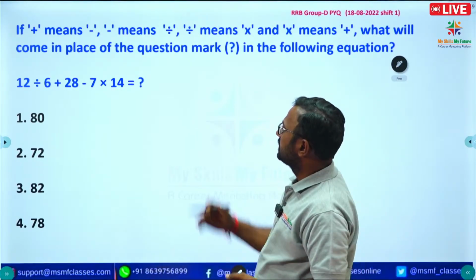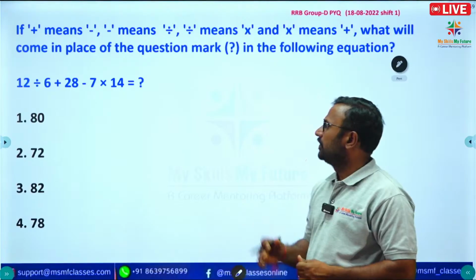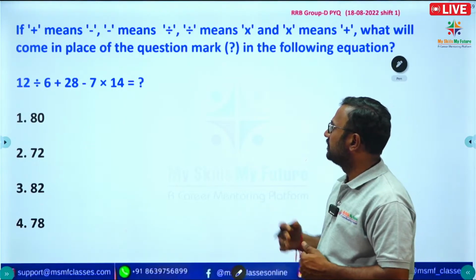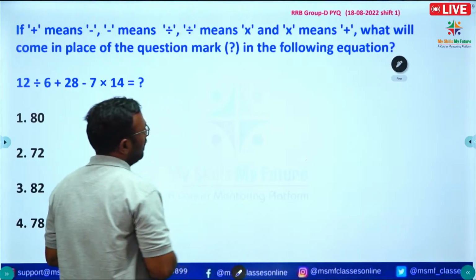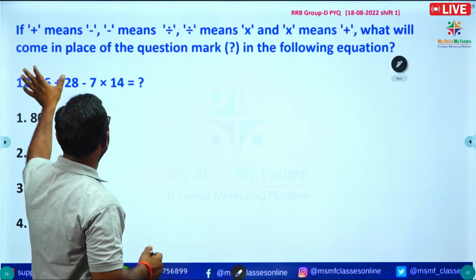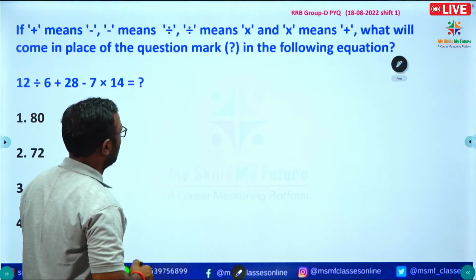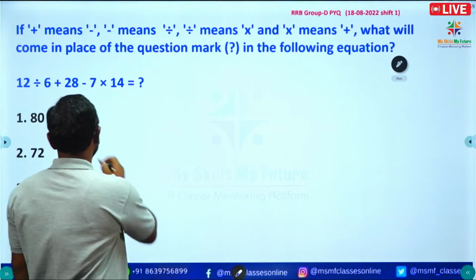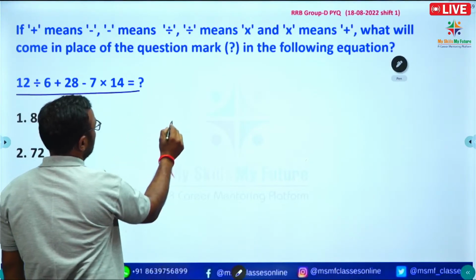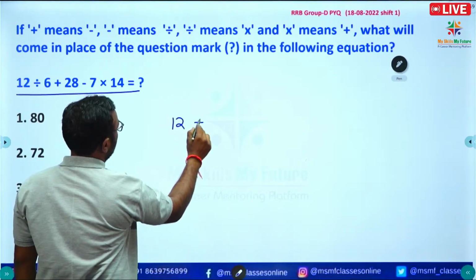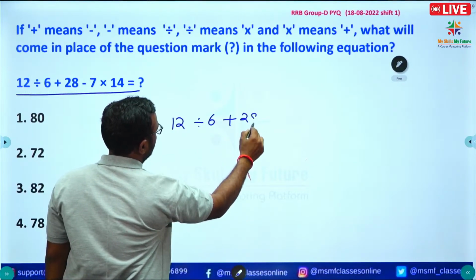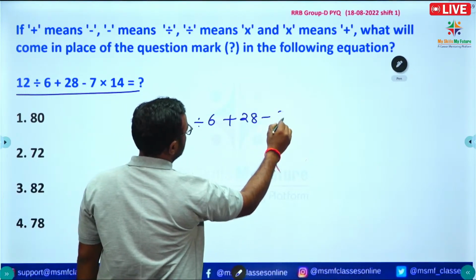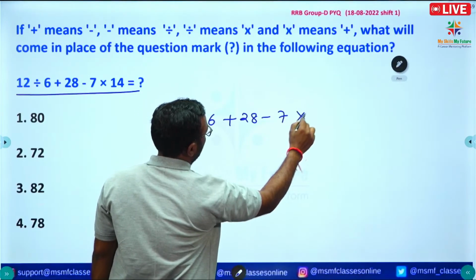If plus means minus, minus means divided, divided means multiplication, multiplication means plus, what will come in the place of question mark in the following equation? The given equation is 12 divided by 6 plus 28 minus 7 into 14.